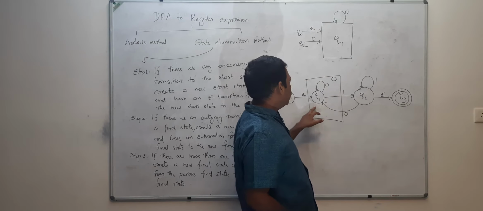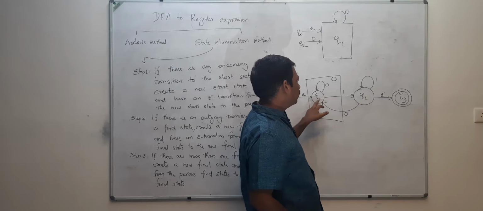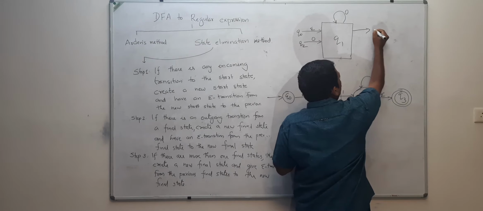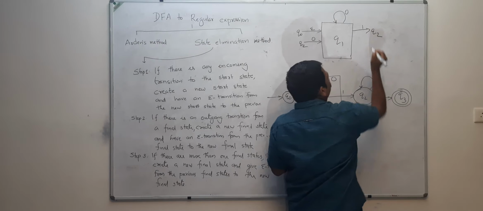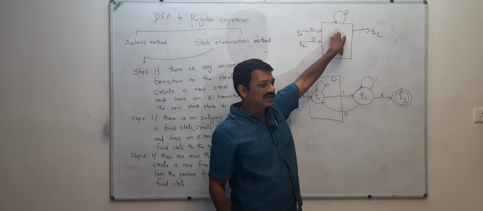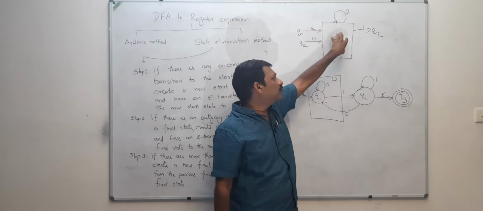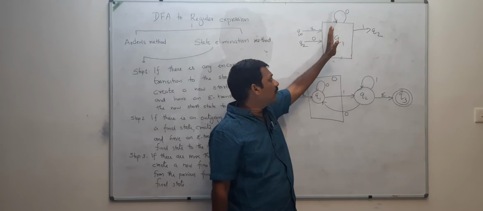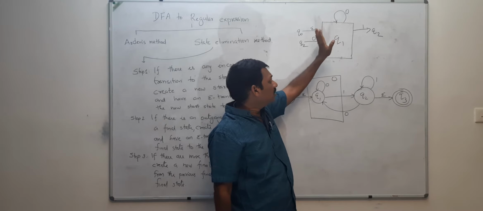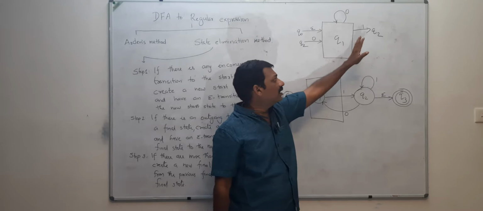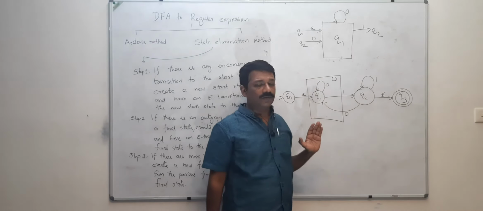And what is the outgoing transition? From Q1 to Q2 you have an outgoing transition labeled 1. That means I am going to eliminate this Q1. As I eliminate Q1, I am going to consider the incoming transitions to Q1 and the outgoing transitions from Q1.